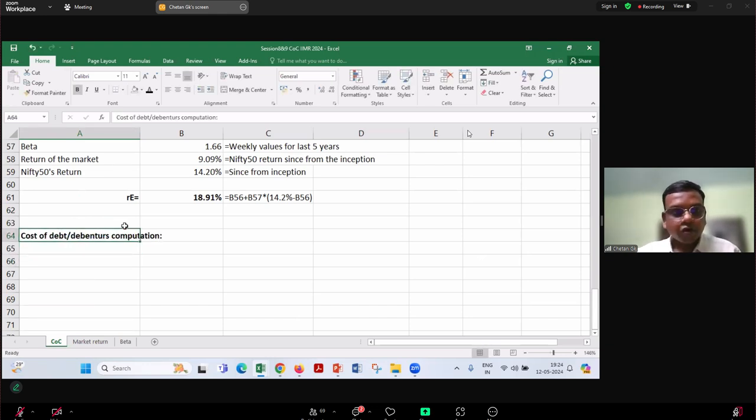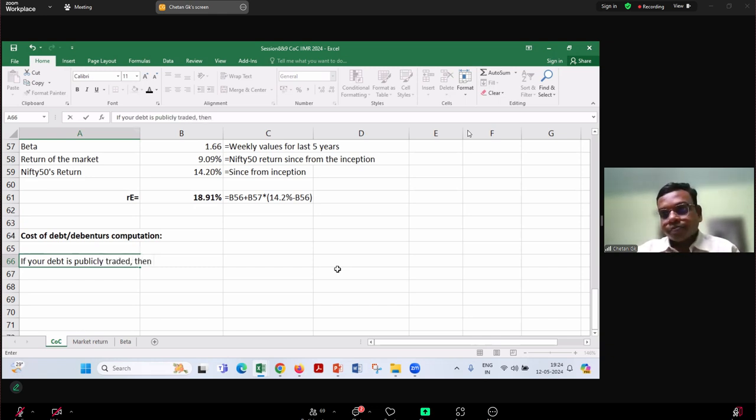So let us discuss how to compute this. If your debt is publicly traded, then YTM of your debentures will be equal to pre-tax cost of debt.